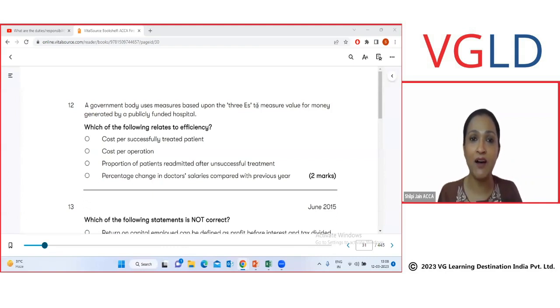I can keep the cost very, very low, but the people whom I'm operating on are dying. Does that show that the hospital is efficient? See, these are the distractors that the question is going to give you. So please don't get distracted. You have to always use your common sense also. How efficient the hospital is will be told by keeping the cost as low as possible, yet at the same time making sure that the patient is getting successfully treated, isn't it?